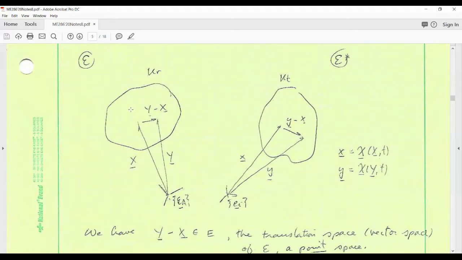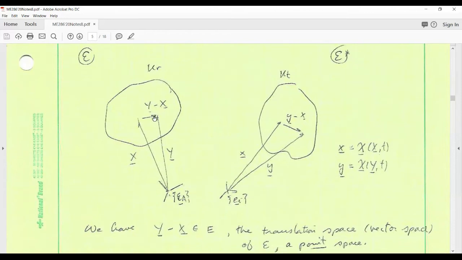It's literally a space of points. And we can talk about the relative location of two points. So for example, a point at Y and a point at X, the location of Y relative to X, we call that Y minus X, the difference in these positions. Okay. That difference is actually a vector.